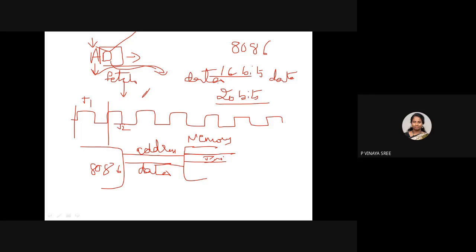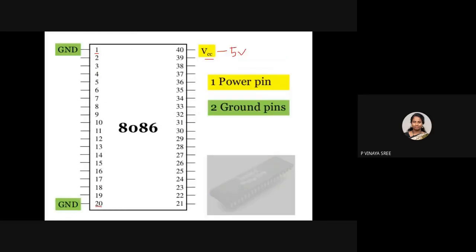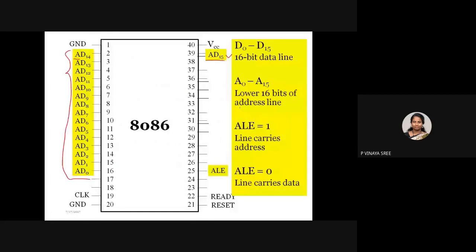But we have not finished with the address. Why? See here, AD0 to AD15 are multiplexed lines. For the first timing signal, address will be activated. For the remaining timing signals, data will be activated.